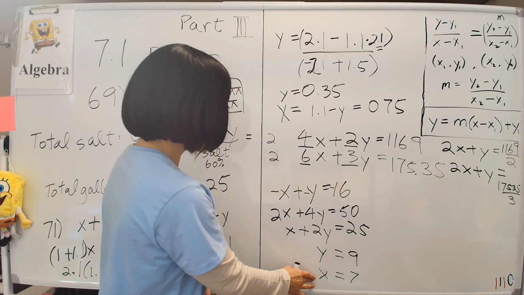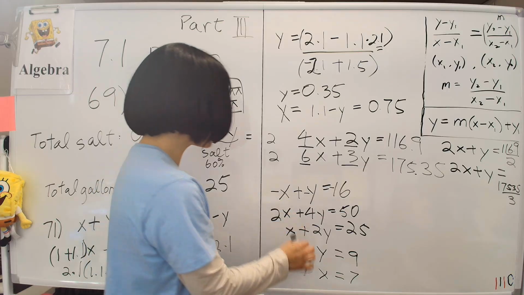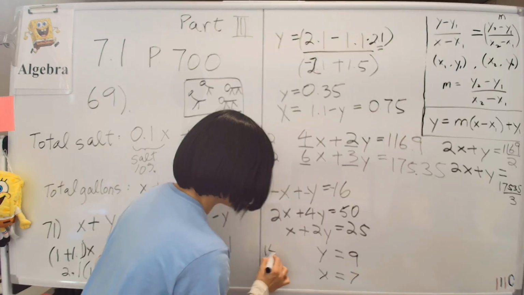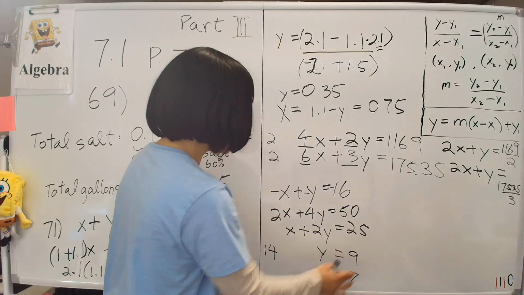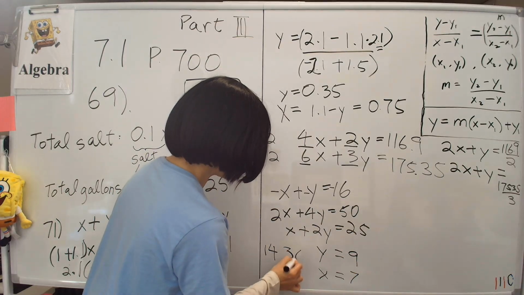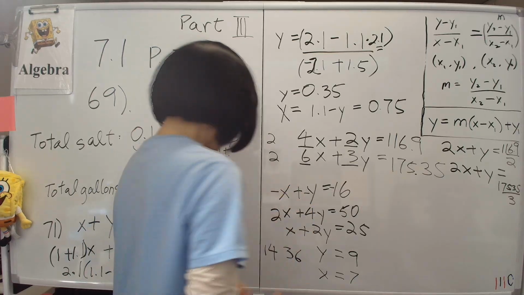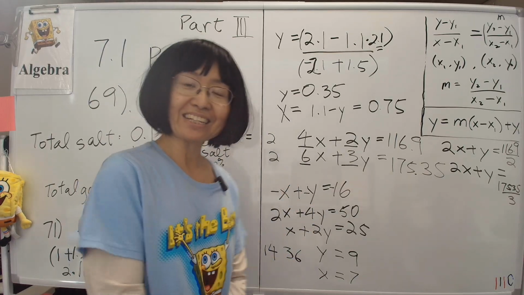So chickens and rabbits, 7 plus 9, that's 16 heads. What about the legs? 2 times 7 is 14, plus 4 times 9 is 36. 14 plus 36 is 50. 50 legs, just like I said. All right, so that marks the end of this section.